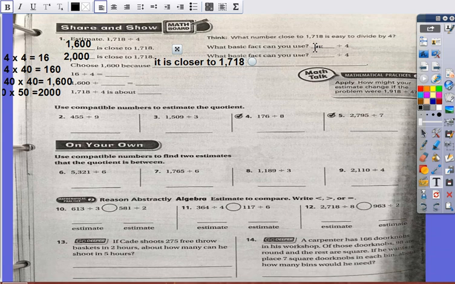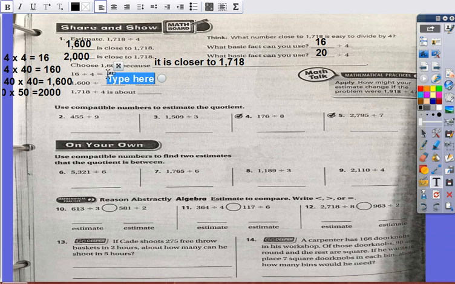Coming back over here, I used 16 divided by 4, and if I use my other one, I did 20 right here, so 20 divided by 4. Those are the basic facts that I started out with. I knew that 4 times 4 was 16, and I knew that 4 times 5 was 20.